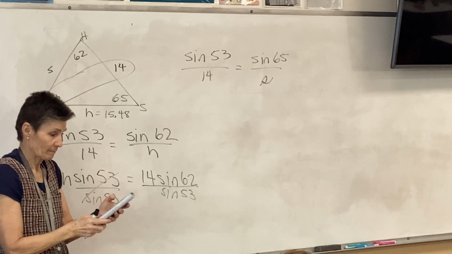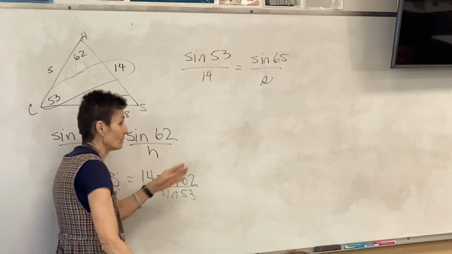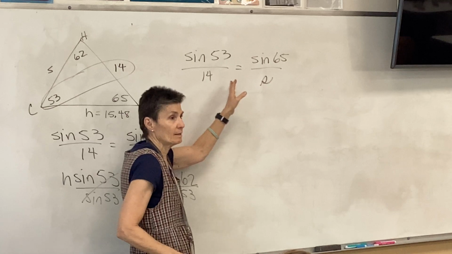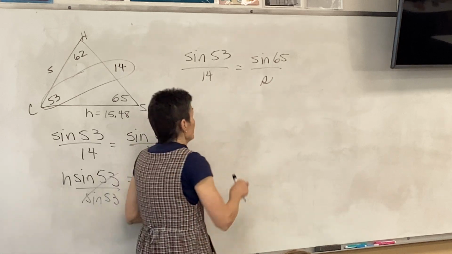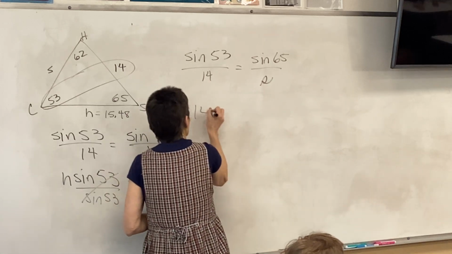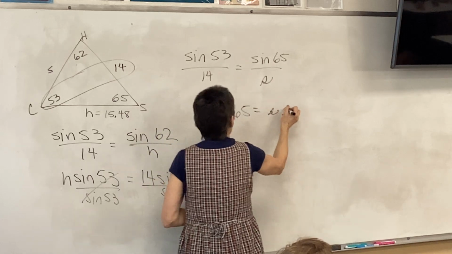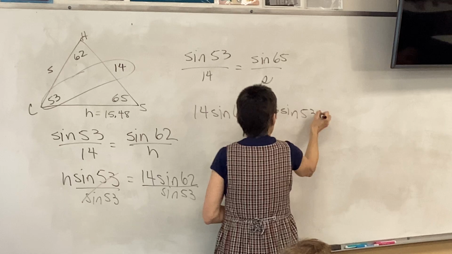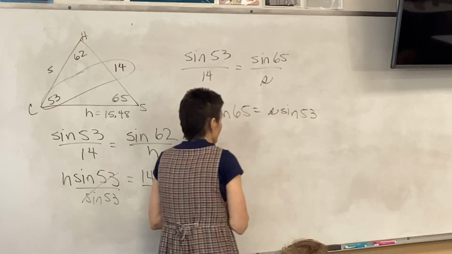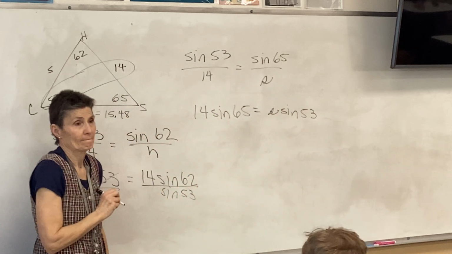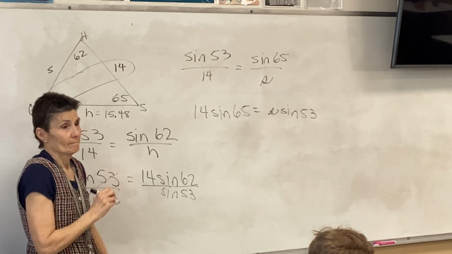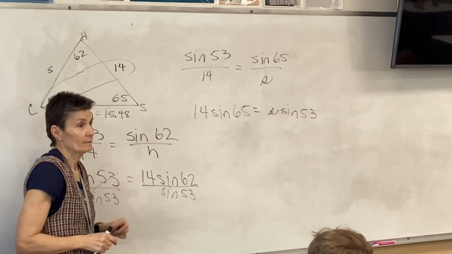Yep. And then I'm going to come over here and do exactly the same thing. So 14 sine 65 equals S sine 53. Cross multiply.